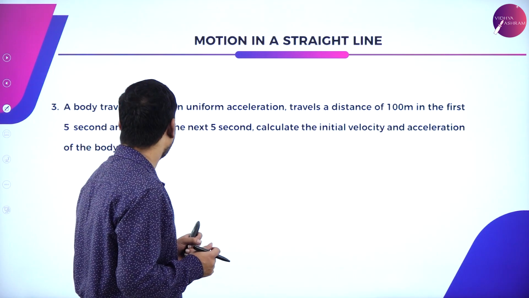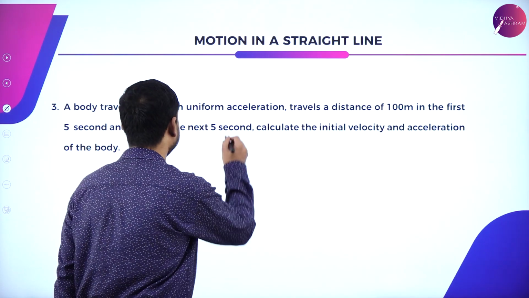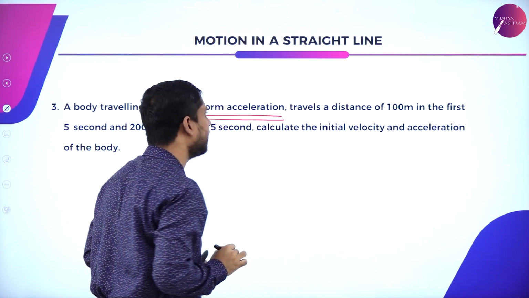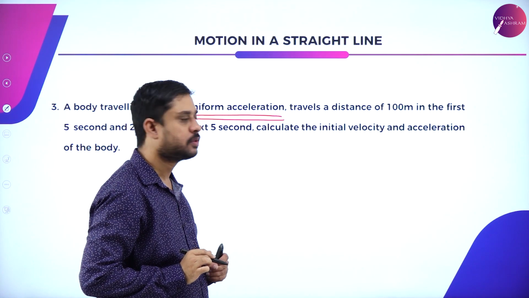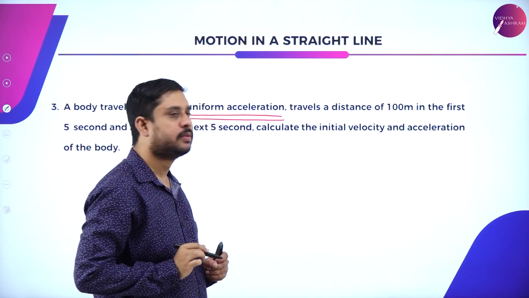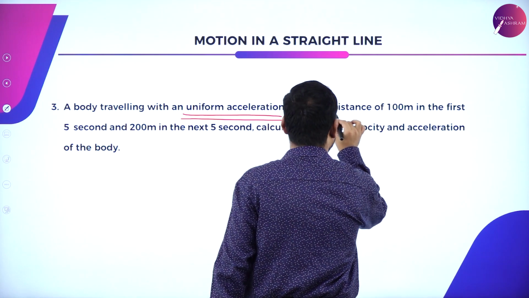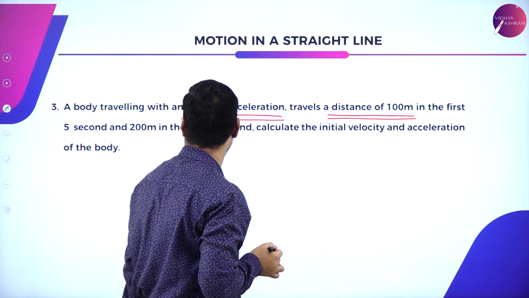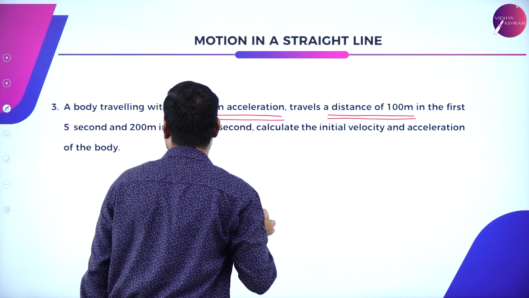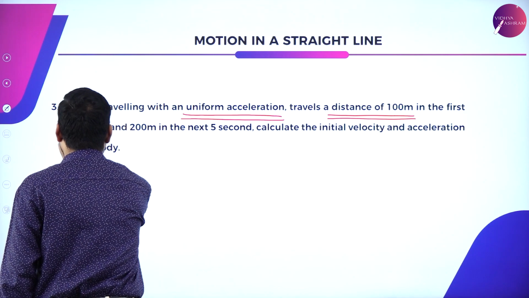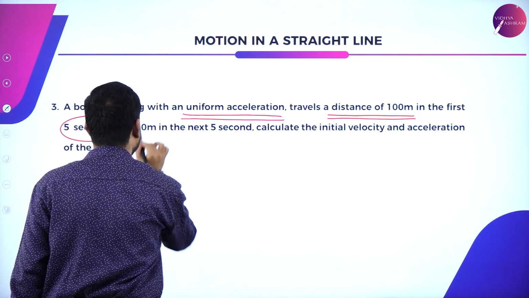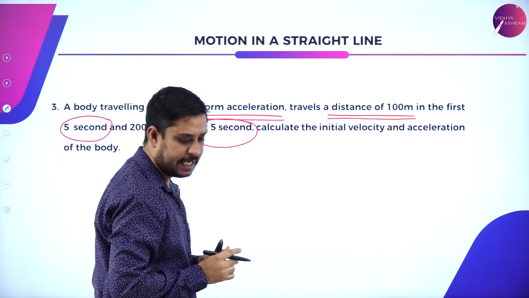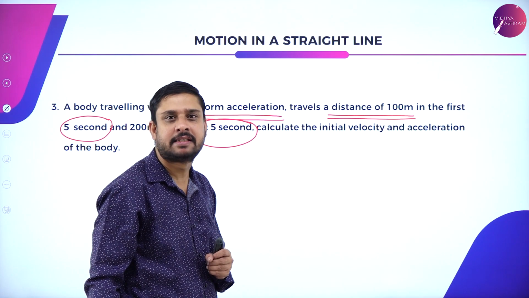Next one. A body traveling with uniform acceleration travels a distance of 100 meters in the first 5 seconds and 200 meters in the next 5 seconds.